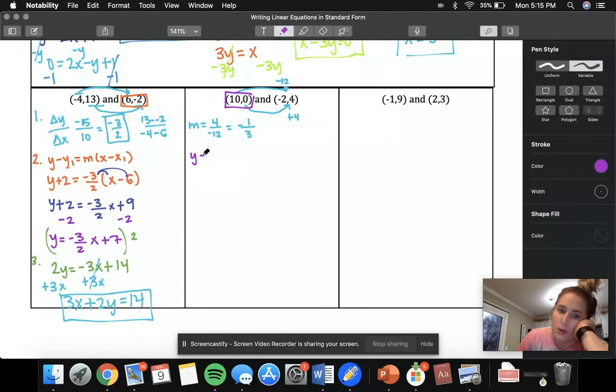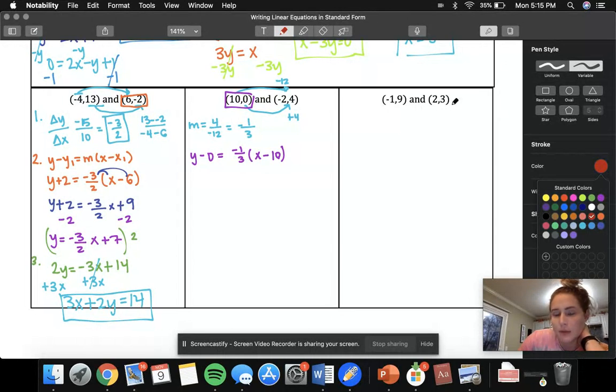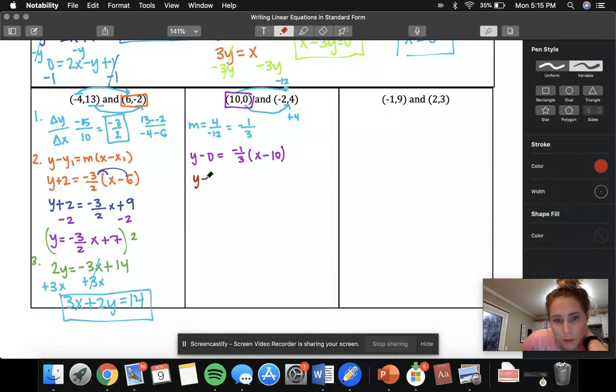Okay. y minus y1 equals my slope, x minus x1. Now I am going to distribute. y minus 0 is nothing, so I'm just going to write y equals negative 1/3 x. Negative 1/3 times negative 10 would be a positive 10/3.